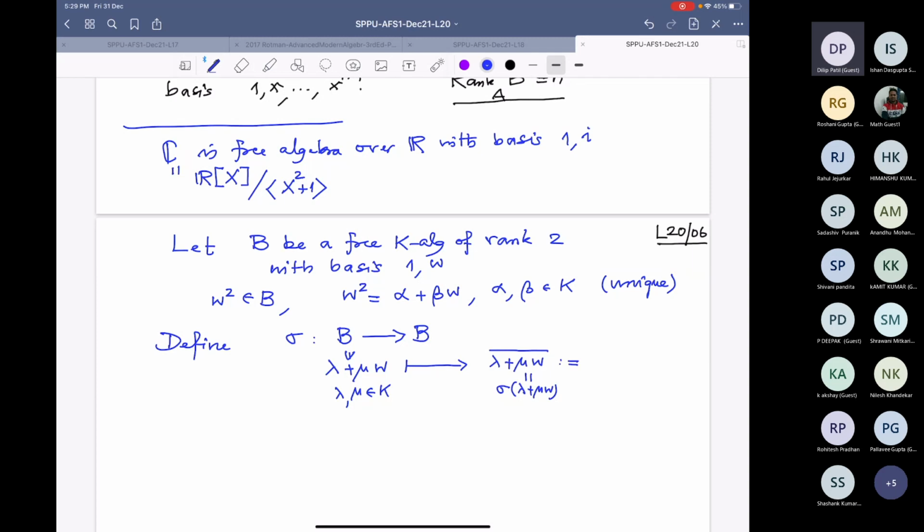This by definition is lambda plus mu beta minus mu W. Now this formula, where did I get it from? I will tell you where I got this formula from. Exactly, I am going to imitate what happened in complex numbers and real numbers.